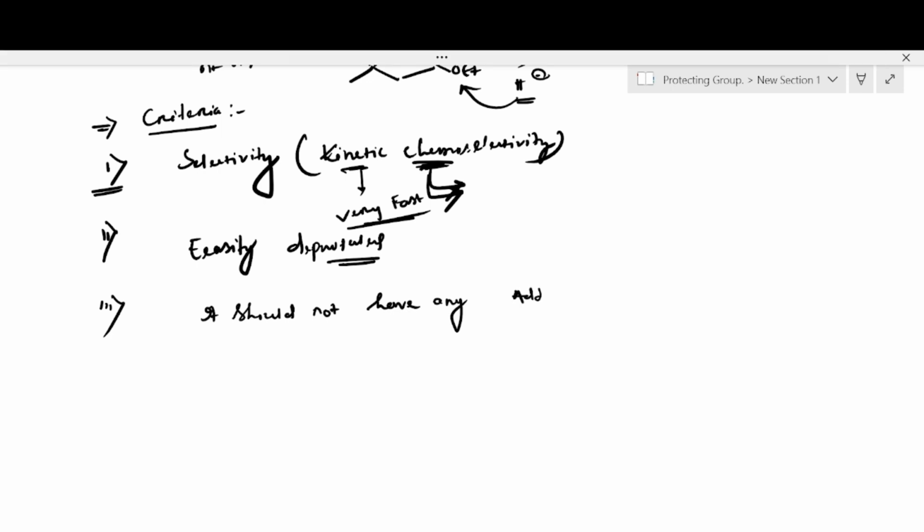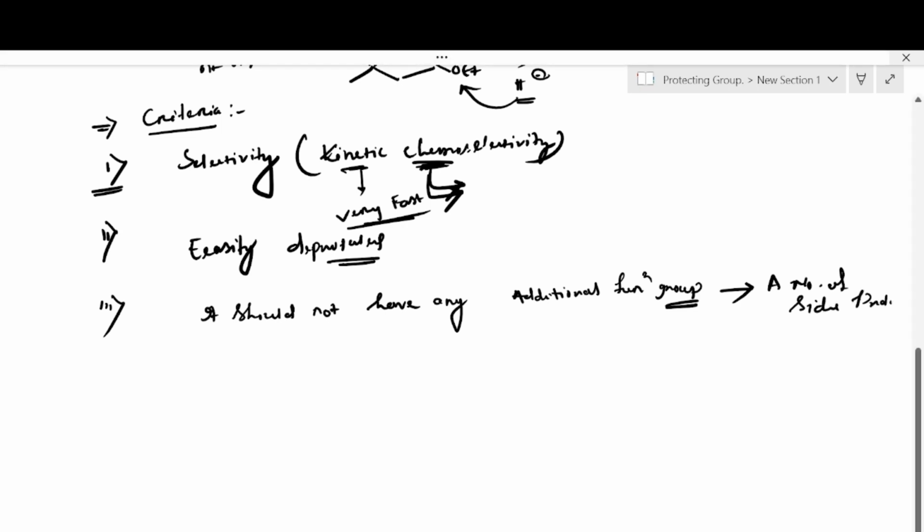If it contains any additional functional group, it may react and it will lead to a number of side products. So that criterion should be followed.